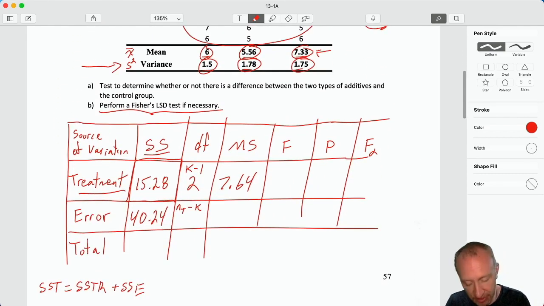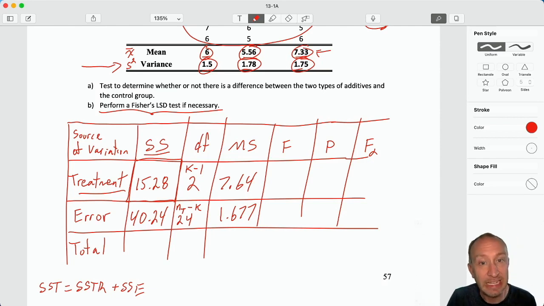So 27 minus 3, I have 24 degrees of freedom. So 40.24 for that MSE, first column divided by second. So 40.24 divided by 24, and I have 1.677.